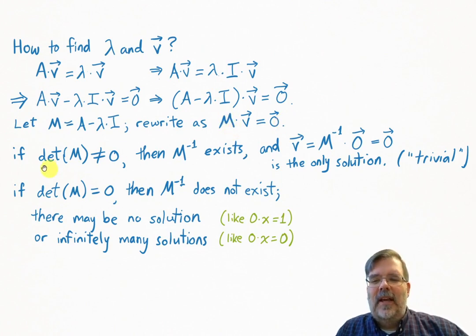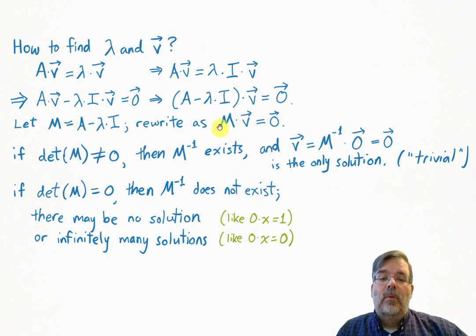Not a whole lot yet, but we have talked a lot about determinants recently. And we know that if the determinant of a matrix is not 0, then the inverse matrix exists, and we could use that matrix to solve for v.